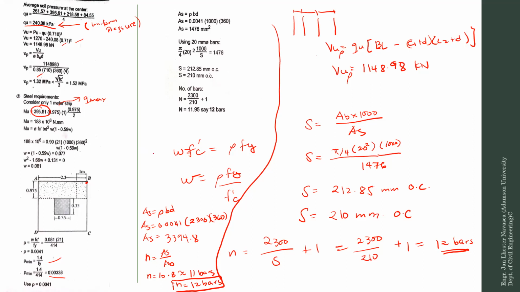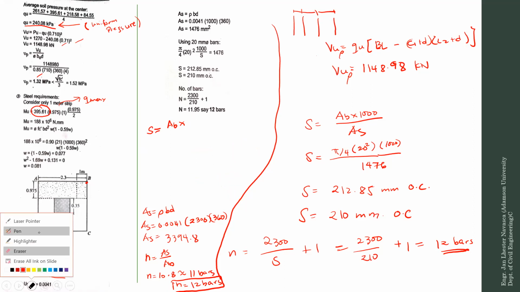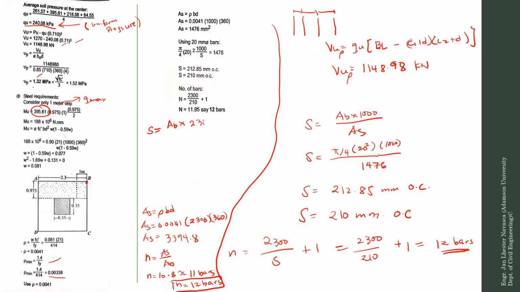So, to get the spacing using other equation, that is spacing is equals to AB times ano yung width na ginamit mo. Okay, ano yung total width? Okay, yung total width nyo is 2,300. So, 2,300 divided by the AS.